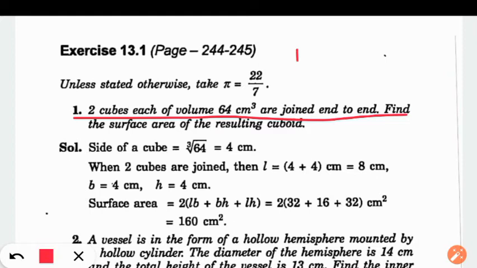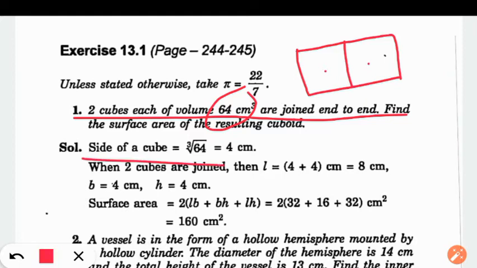If two cubes are joined, it will look like this. One cube, second cube, right? Since the volume of each cube is 64 centimeter cube, what will be the side then?